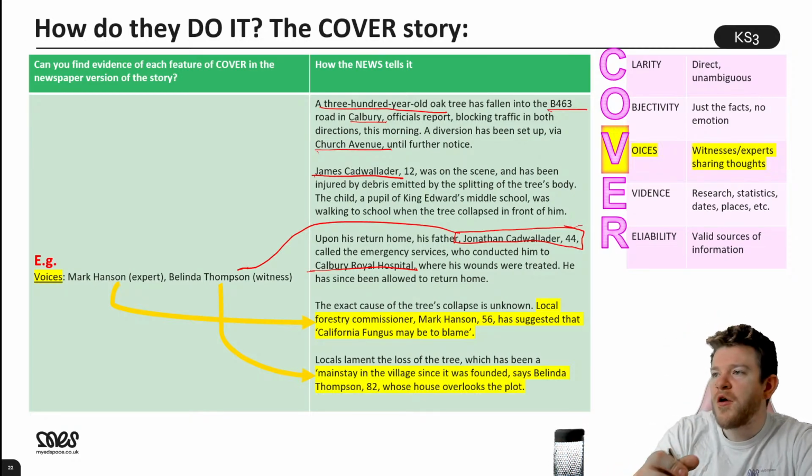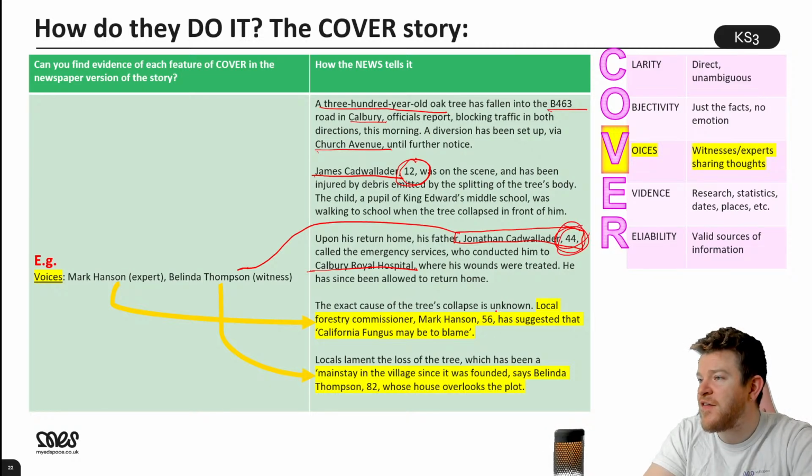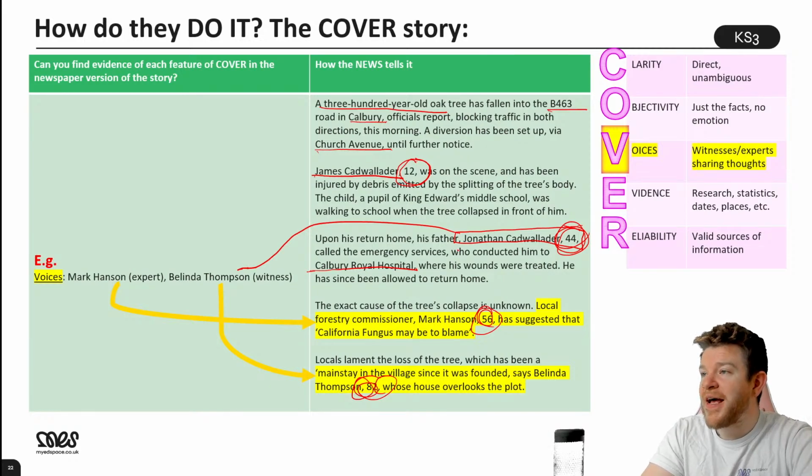Okay. So other people have mentioned, of course, that it mentions the ages every time. Every time someone is mentioned, it has their ages straight after. So we've got 12, 44 for his dad, 56 for the forestry commissioner, 82 for Belinda. Other people are mentioning that you also find out who these people are. So father, so that's obviously a fact, isn't it?